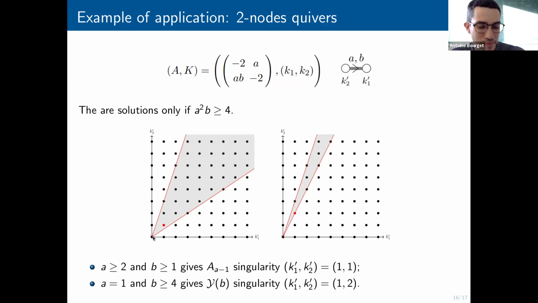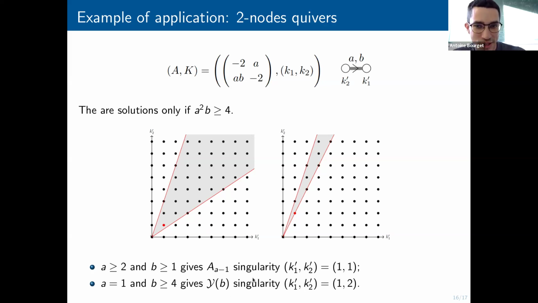So you have to find the lowest non-zero ones, which are these red dots here, corresponding to the 2 possible solutions to this equation: a greater than 2 and b greater than 1, or a is 1 and b greater than 4. And we find the 2 possible classes of isolated singularities which can be written as quivers with 2 nodes. We find the A Klein singularity and the Yb singularity, which was found recently in the mathematical literature by Paul, who is in the audience, and collaborators.